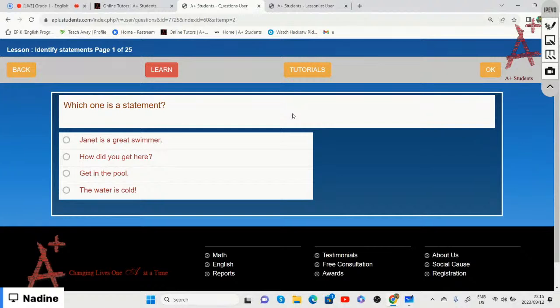A question is where you're asking a question and it ends with a question mark. A command is where they are commanding or requesting you to do something. And an exclamation is when you are showing strong emotions or strong feelings, and it ends with an exclamation point.